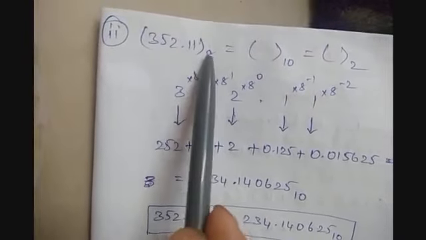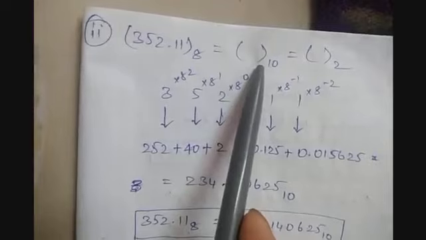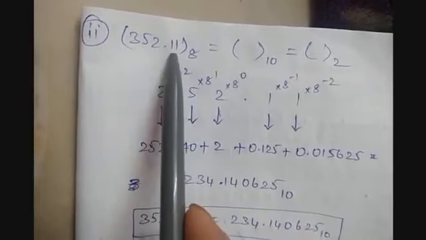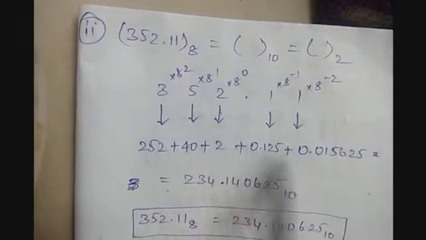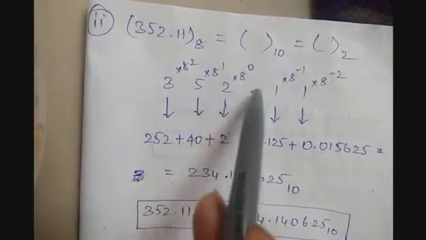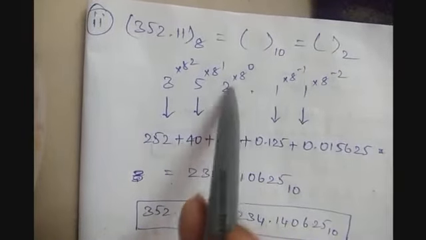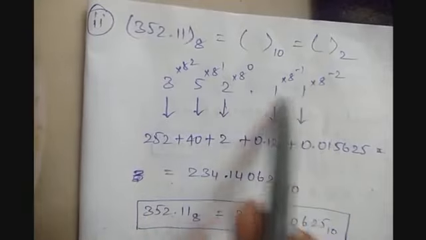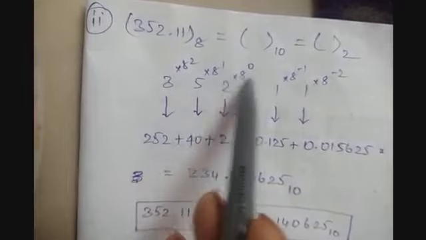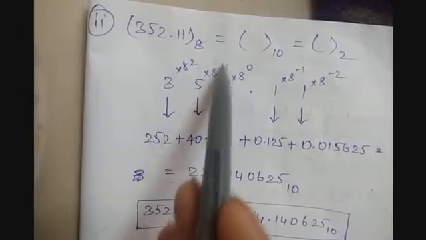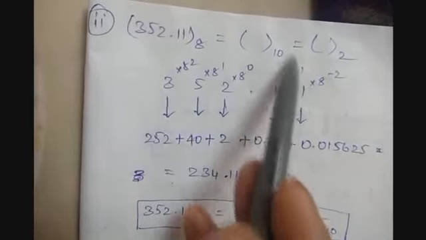So 352.11, we need to convert the given octal number into decimal and binary. For decimal, as we all know, we have to multiply digits with their corresponding position values. See, this is the integer part, so the powers are positive, and the fraction part's powers will be negative.